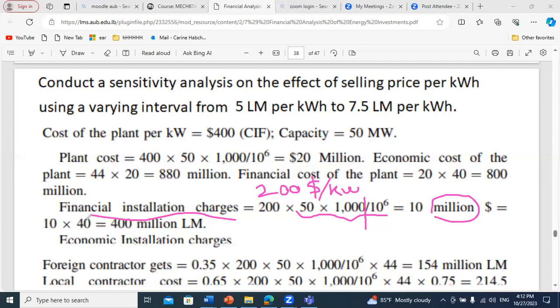But here also, please, you should pay attention, okay? Because when they describe the installation charges, they told us that they are decomposed into two parts. One using foreign contractors and a part using local contractor. And here we should pay attention that the cost of foreign contractor is different than the cost of local contractor, because always when we consider economic cost, we have a reduction, because on the economic level, we take the society-wide view.